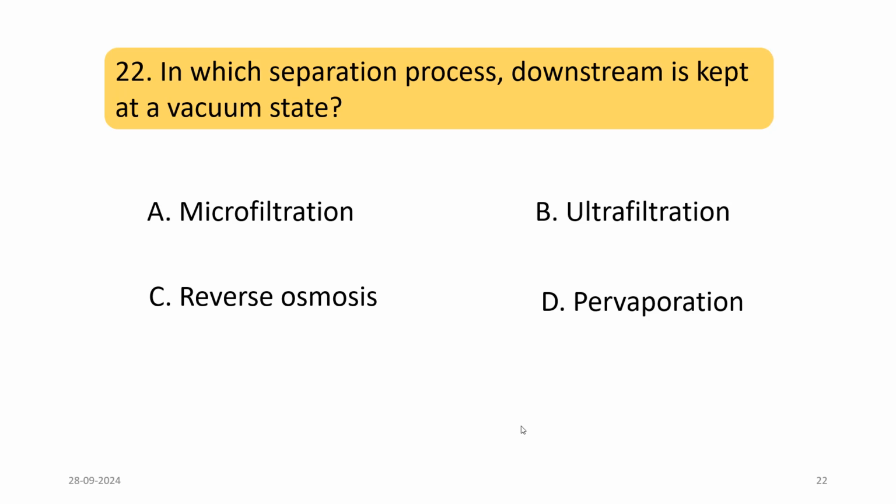Yes, pervaporation. In case of pervaporation, it also separates liquid mixtures. Microfiltration, ultrafiltration, reverse osmosis separate solid particles from a liquid or a gas. But here, pervaporation separates two liquid mixtures, wherein the upstream is in contact with feed liquids and the downstream is kept in vacuum state. So, what is pervaporation? Let's see the video.